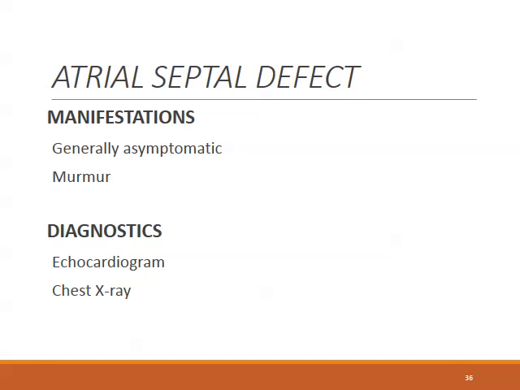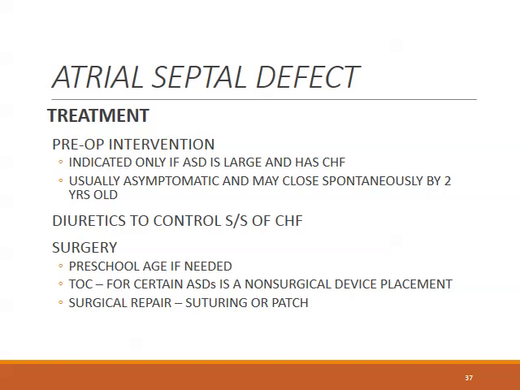Now treatment is going to be a pre-op intervention, indicated only if the atrial septal defect is large and has CHF. Usually asymptomatic, and they may close spontaneously by 2 years old. Okay? Now, diuretics are usually used to control the signs and symptoms of CHF.